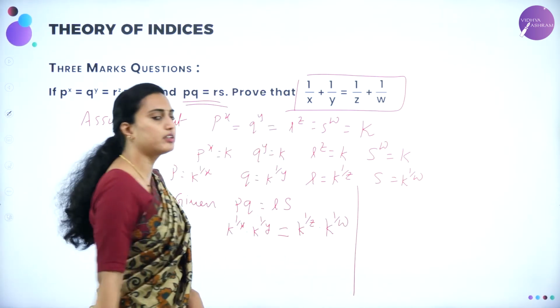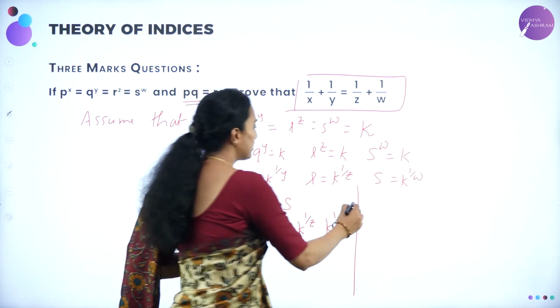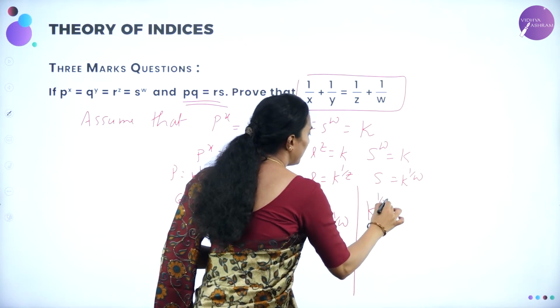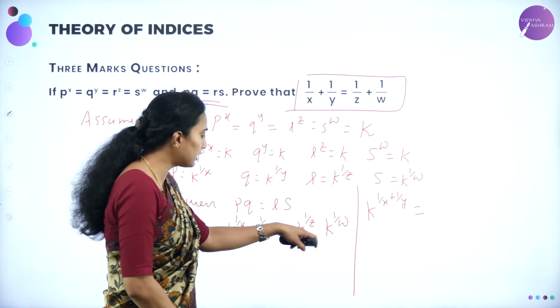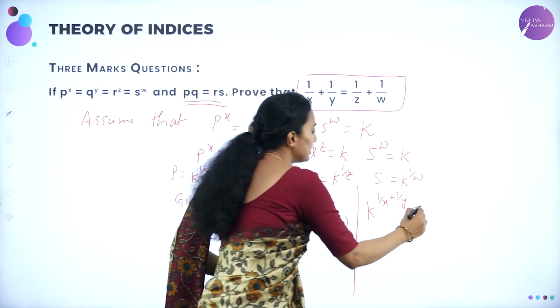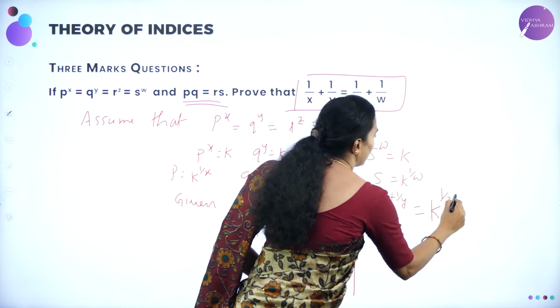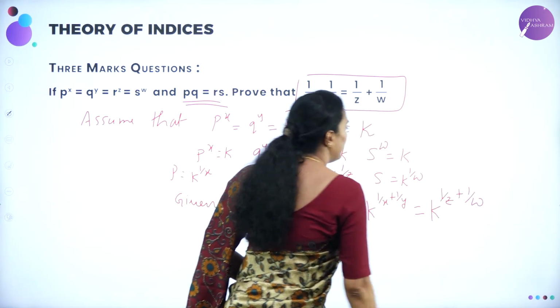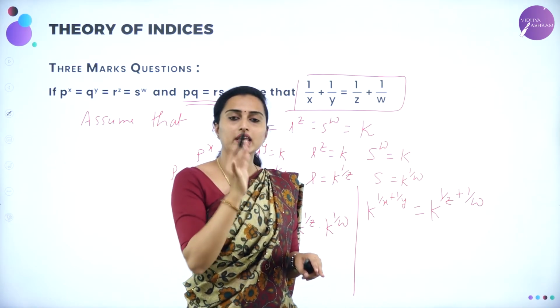So what are you going to get? The bases are the same, so I can add the powers. So k to the power of 1 by x plus 1 by y is equal to, here also the bases are the same, I can add the powers, which is k to the power of 1 by z plus 1 by w. Now the bases are the same on the equal side, so I can equate the powers.